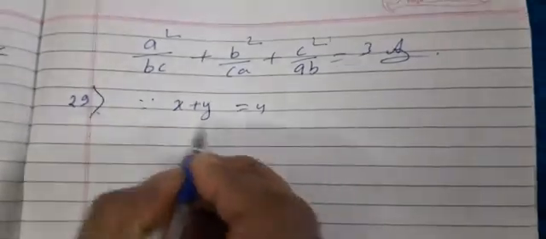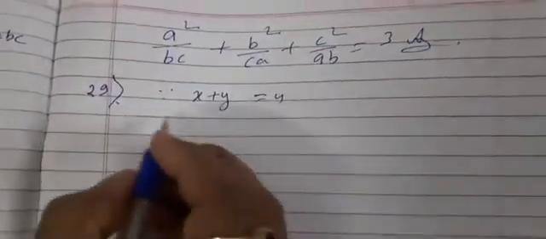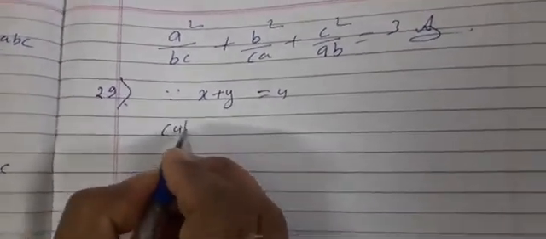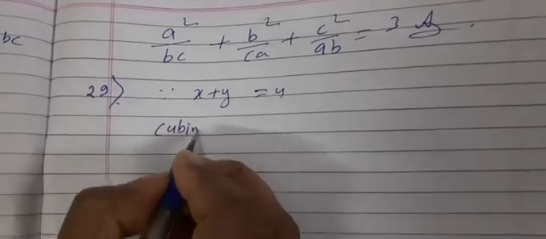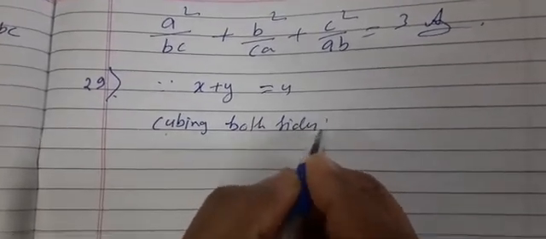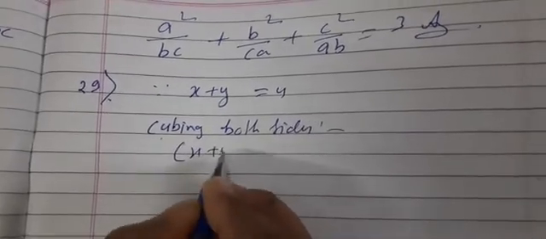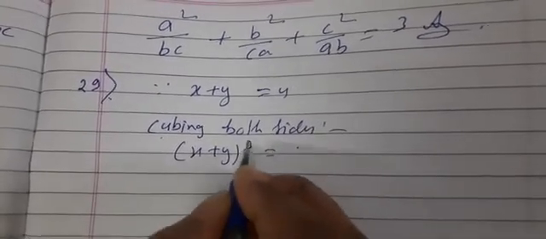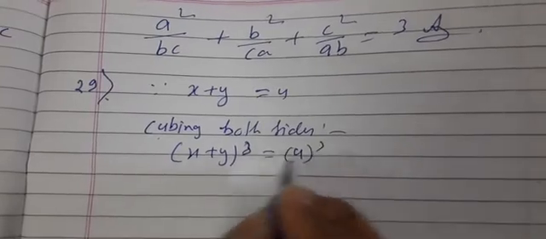So let's see how we'll solve the sum. Since x plus y is equal to 4, that is given, you may write: given that x plus y is equal to 4. Cubing both sides, then what will happen? Here is x plus y whole cube, and this will be 4 cube.